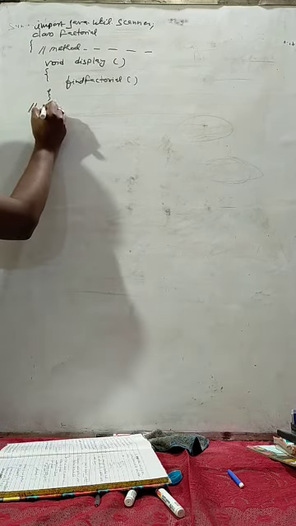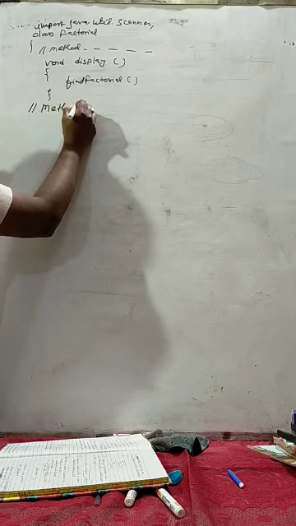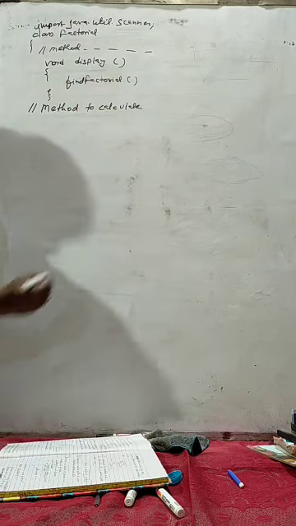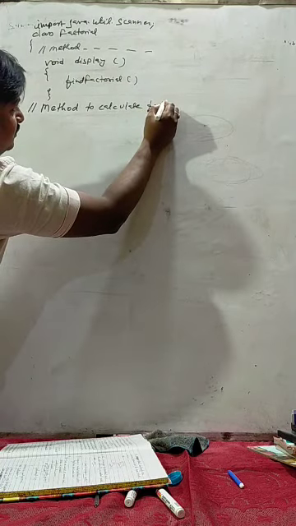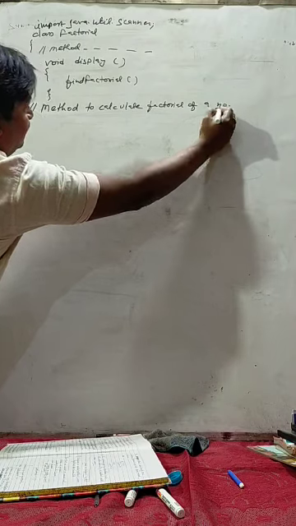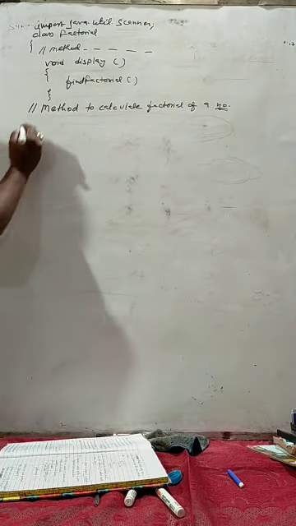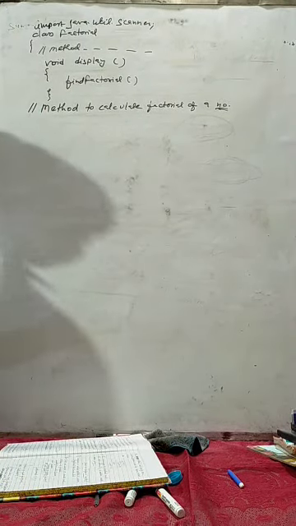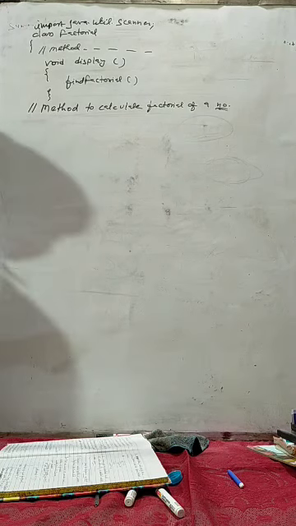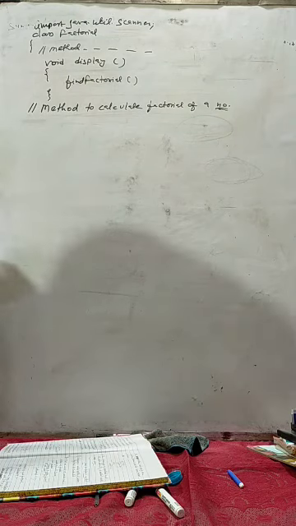Next we will make another method in the same class, a method to calculate the factorial of a number. Factorial is an integer value, so it should be integer, but the condition is without any return type.